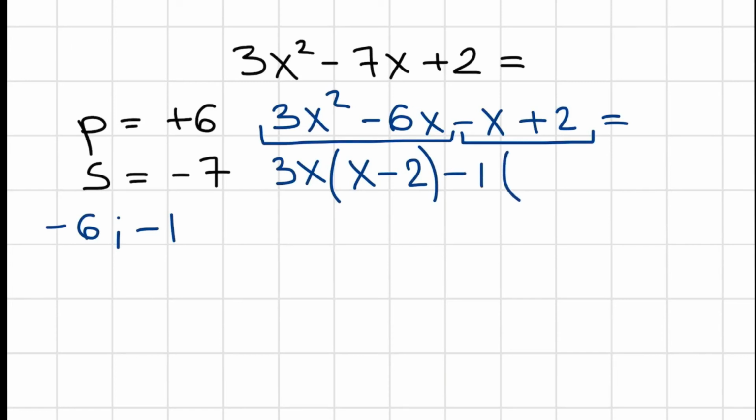So I would immediately just write minus 1 as a common divisor, and you would get x minus 2. As you can see, we have a common divisor here, which is x minus 2. Our quotient would be 3x minus 1. And here we have factorised our quadratic.